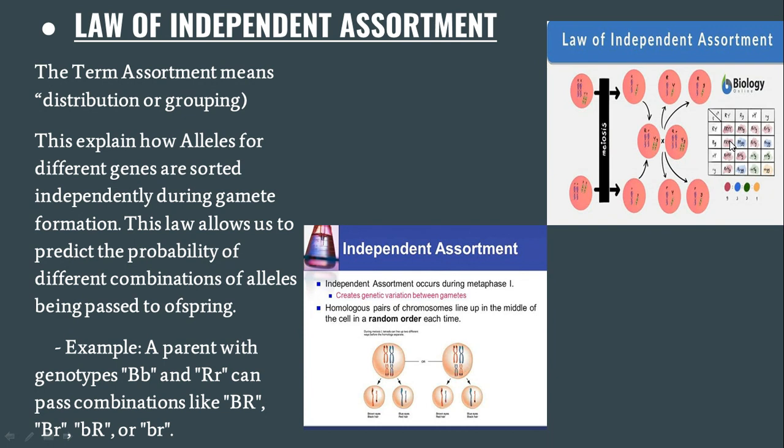The third one will be one capital R, one small r, one capital Y and one small y.